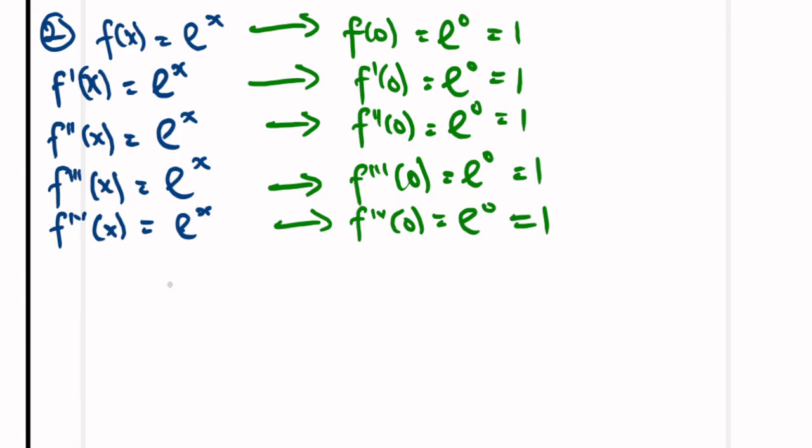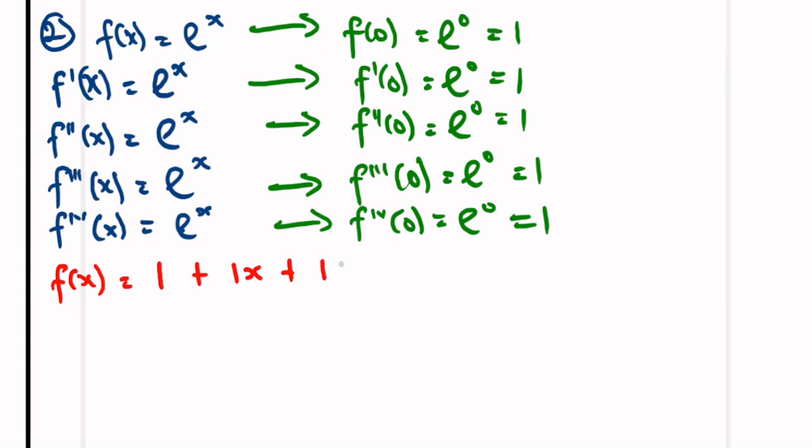We know it. So we'll have f of x is equal to f of 0, 1, plus f prime of 0 times x, which is 1x, plus f double prime of 0 times x squared over 2 factorial.